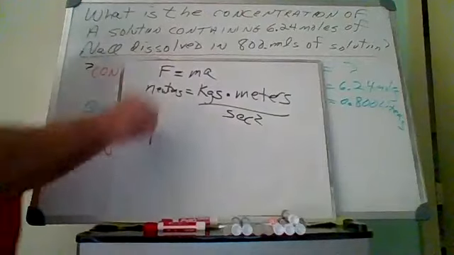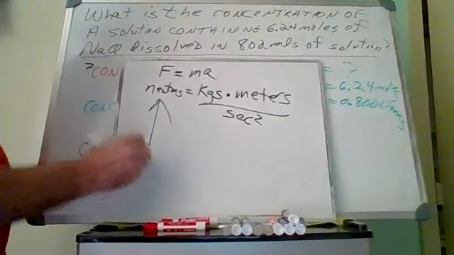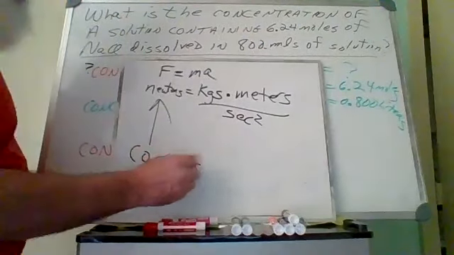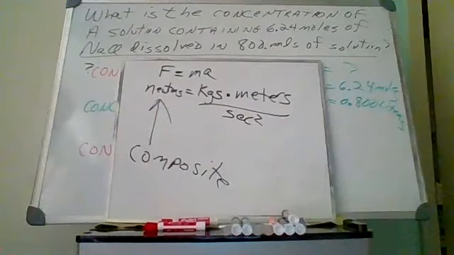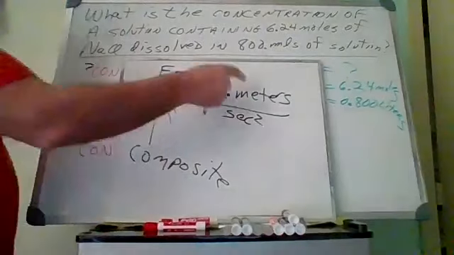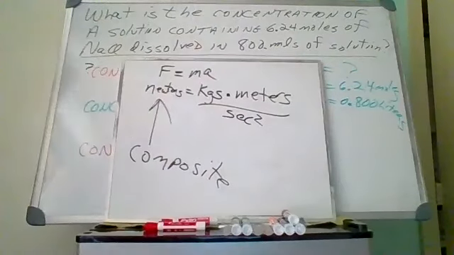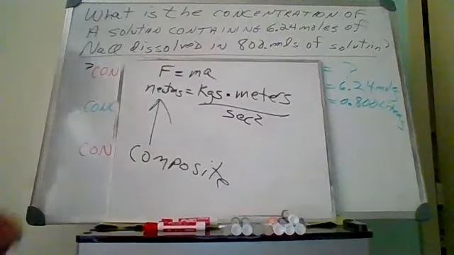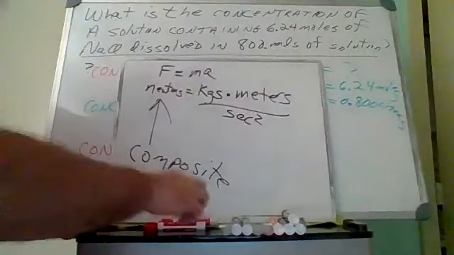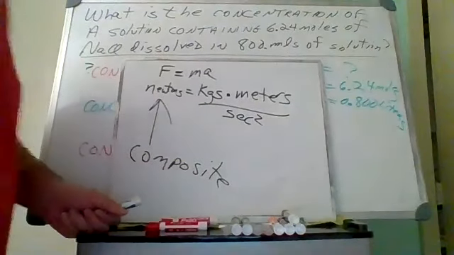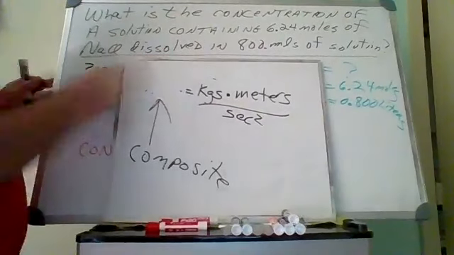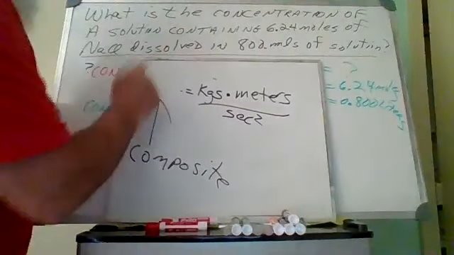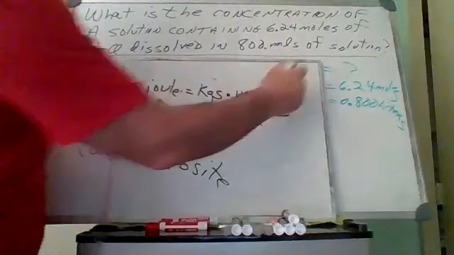So a newton is what's called a composite unit. It's made out of other units, so it's easier just to say this than to say all this. Similarly, we talked about joules back in, I don't know, early October or so. A joule is just a newton multiplied by a meter.